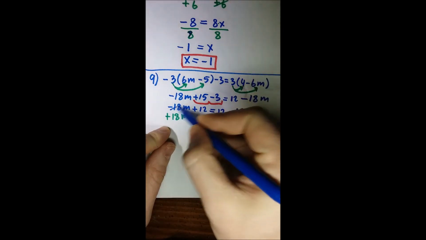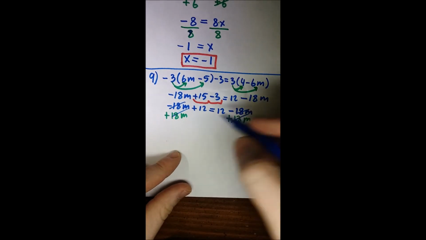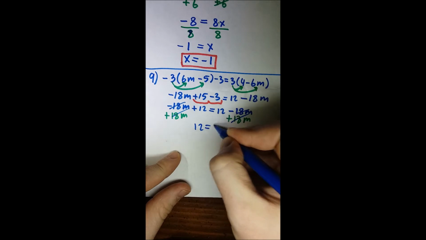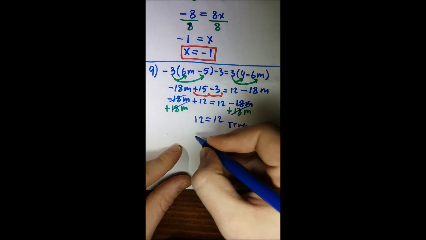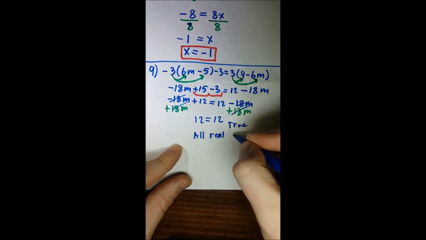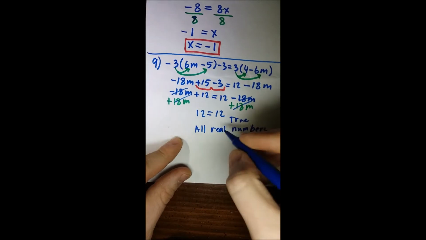And this is what we get. These two m's cancel out. And these two m terms cancel out. So you get 12 equals 12, which is true. The answer is all real numbers. Okay?